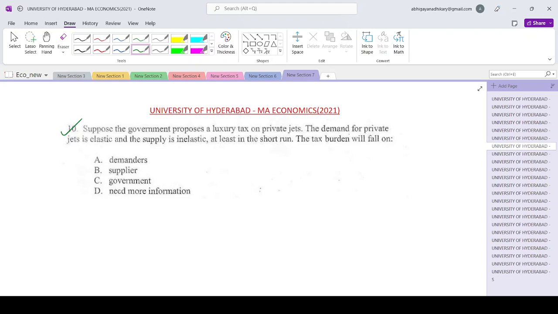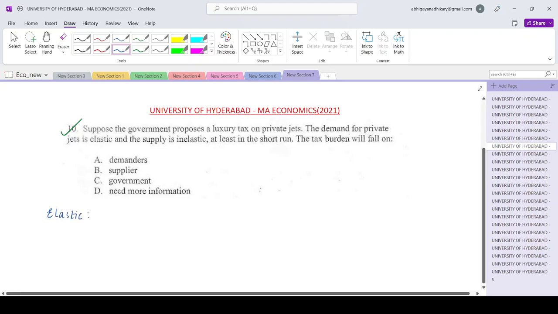Without going into much calculation, there was one simple idea that you have studied in the chapter on taxes in microeconomics. That is, if the demand or the supply curve is elastic, then the tax burden is less, and the more inelastic it is, the tax burden is more.